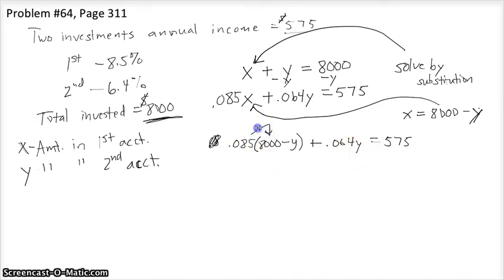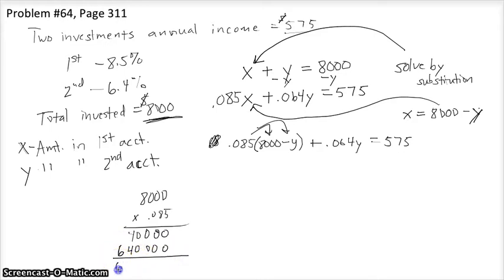So now I have to distribute 0.085 times 8,000. Well, 5 times 8,000 is 40,000. 80 times 8,000 is 640,000.